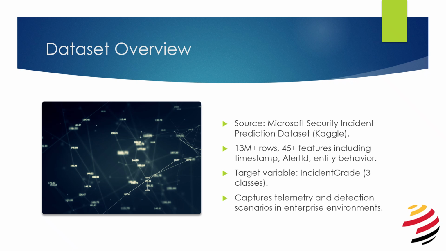True positive represents actual critical alarms, benign positive refers to no critical issues, and false positive covers false alerts. The dataset captures telemetry and detection scenarios reflecting real enterprise SOC environments and presents a class imbalance that poses additional challenges for accurate classification.